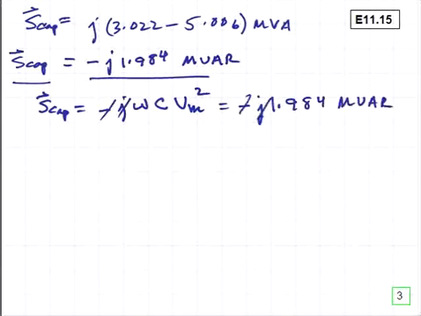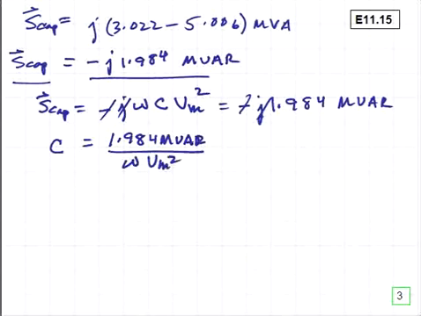So the minus j's will cancel out, and we can solve this expression for the capacitance, which is equal to 1.984 megavars divided by omega Vm squared.